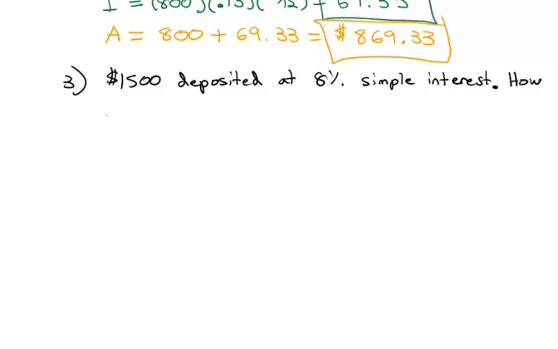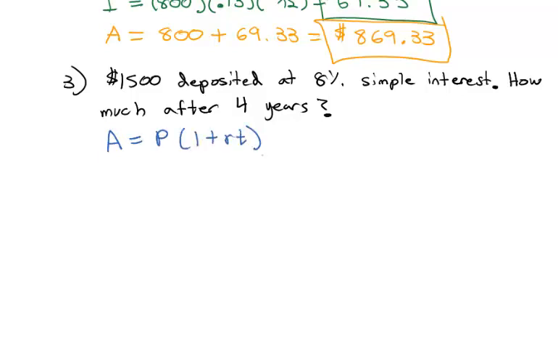We want to know how much is in the account after 4 years. So here we're not so much asking about the individual interest. Here we are asking about the future value that's going to be there in 4 years. And future value, that was the A equals P times 1 plus RT formula.